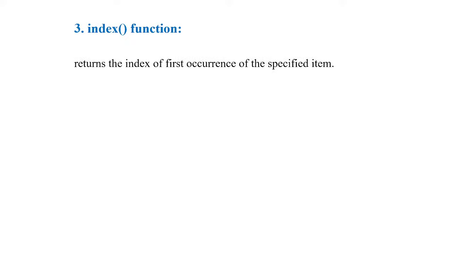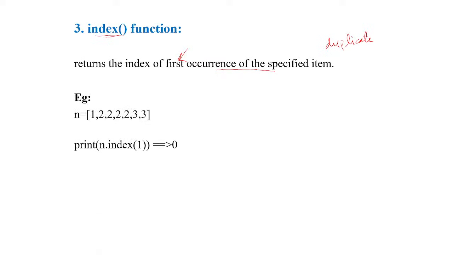Then the index function. You want to find the first occurrence of a particular element in the list, because the list may contain duplicate elements. In such a case, which index should it return? It always returns the first occurrence. For example, I have a list like this. Now if I ask n dot index of 1, it gives the result as 0.